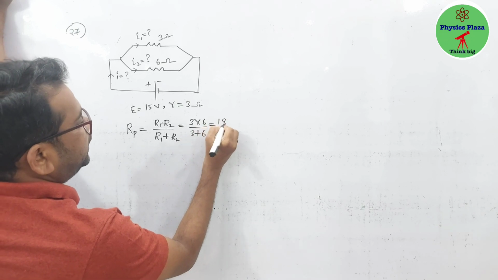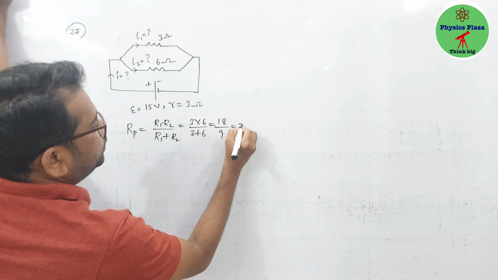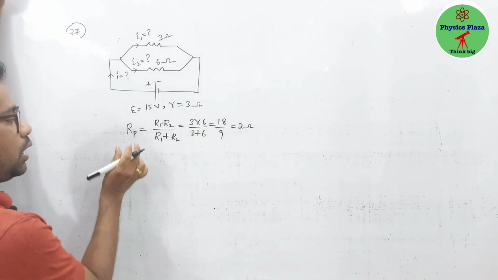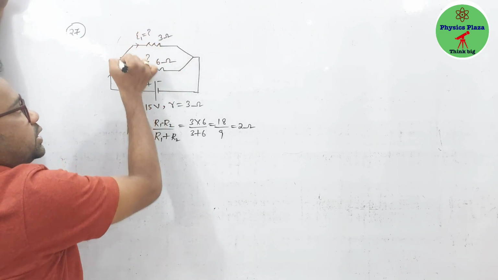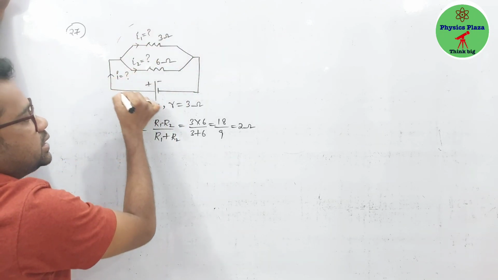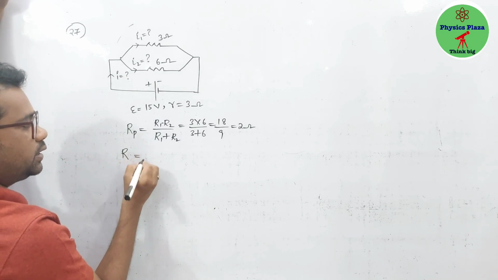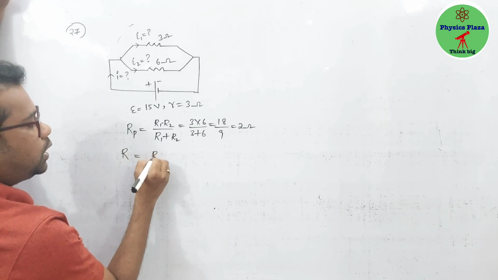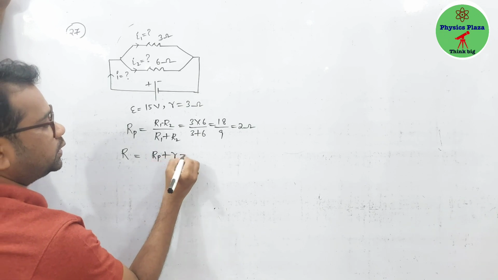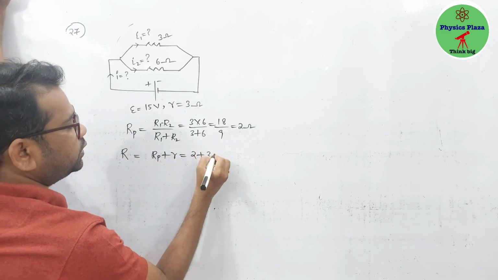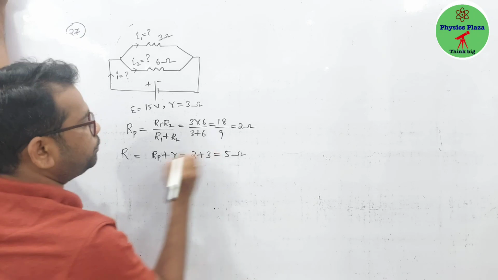So this is 18 by 9. So this is going to be 2 ohm. Now this external resistance is in series with the internal resistance. So the total resistance R is equal to Rp plus small r, that is 2 plus 3. This is 5 ohm.